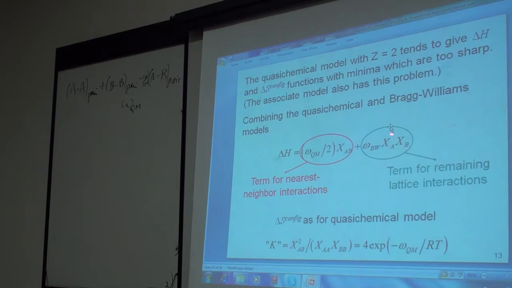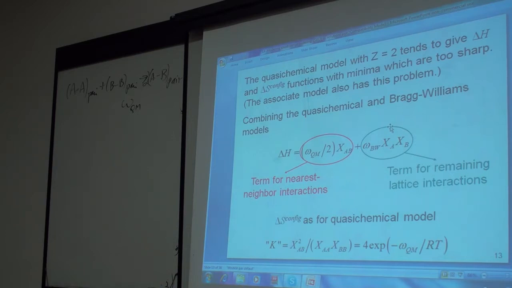So if the Bragg-Williams term becomes very important, then you get a random mixture. If the Bragg-Williams term is less and less important, you get more and more ordering. So that's one way to fix it up. Another way is to not put in this term, but to artificially change the Z here to higher values, which gives about the same effect, but does have the problem that you can run into entropies which become somewhat negative.